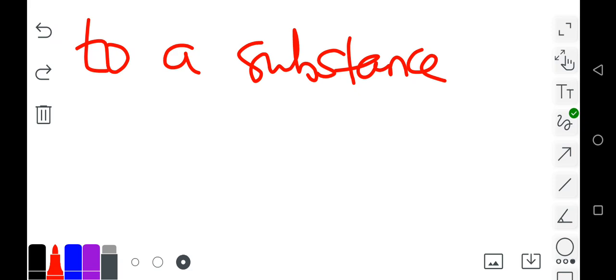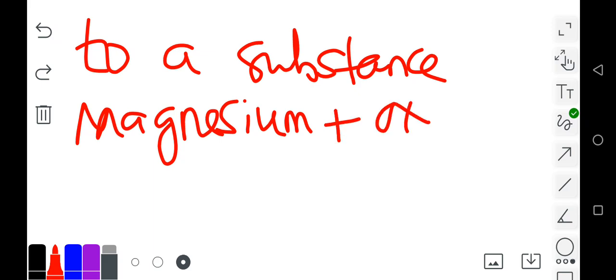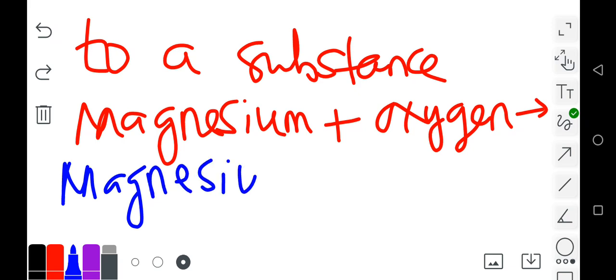Okay, so we want to look at this. For instance, if we react magnesium plus oxygen, then we are going to get magnesium oxide.